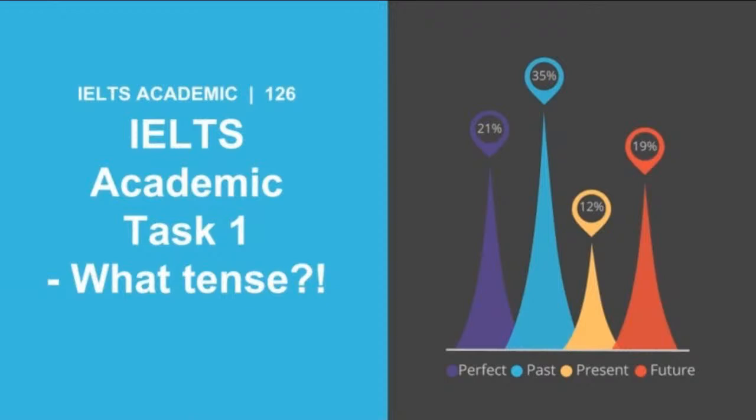You can use this, for example, in the old chart we looked at before about sugar consumption. If it was about the future, we could say sugar consumption will exceed 100 pounds per person by the year 2020, for example.